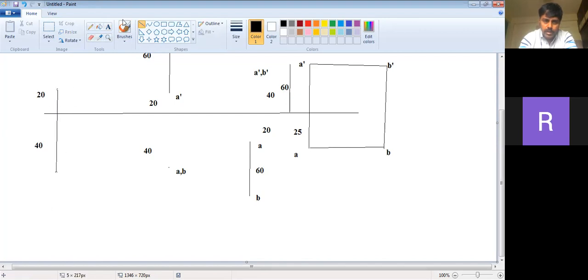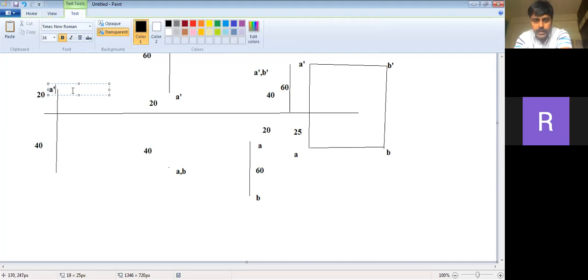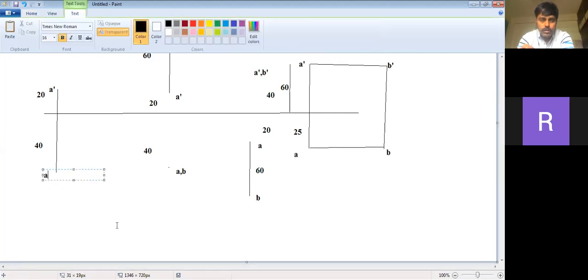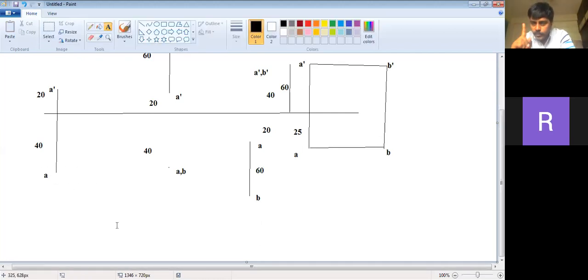Here I'm finding the A dash point, and here the A point, sorry. We are drawing the top view, sorry. So in the top view I have drawn the A point. I drew point 1 and haven't written about B dash; I'm not talking about B dash.